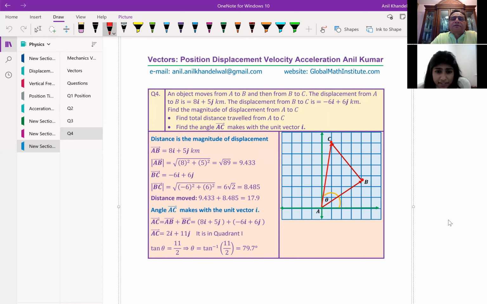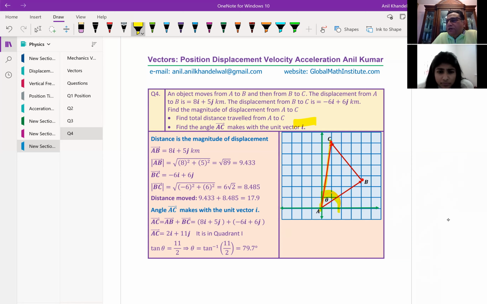Find the magnitude of displacement from A to C. Then find the total distance traveled from A to C, and then find the angle AC makes with the unit vector i, so the x-axis.